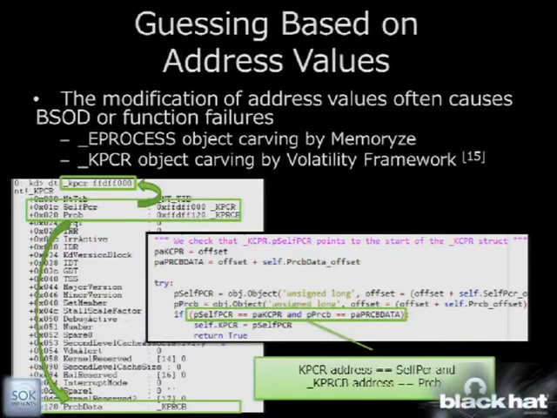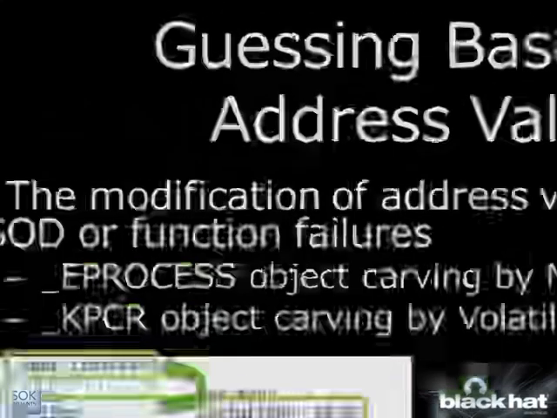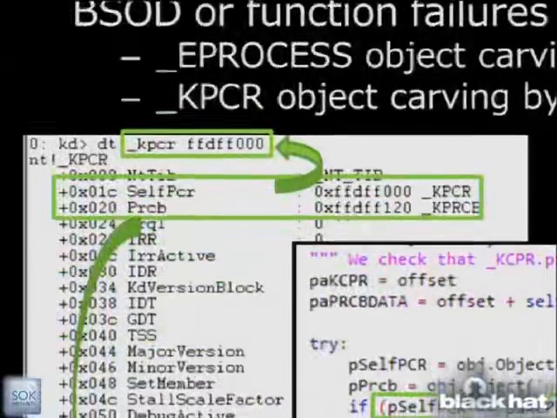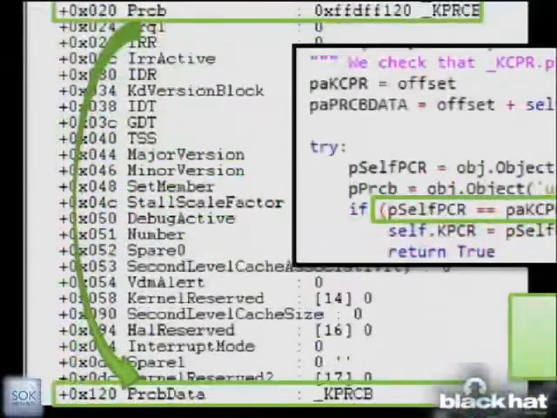First, guessing based on address values. The modification of address values often causes blue screen or function failures. For example, the KPCR object carving technique uses the SelfPcr and Prcb members in KPCR. SelfPcr points to the KPCR address, and Prcb points to the KPRCB address.